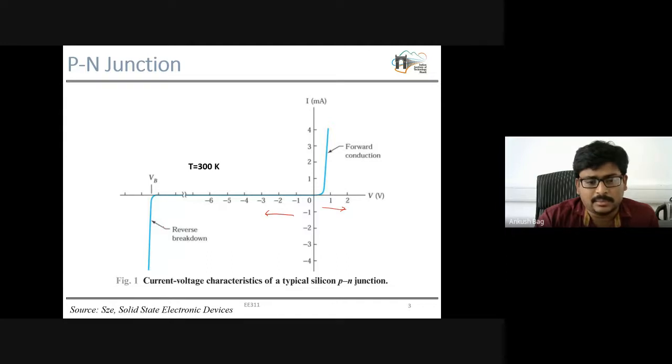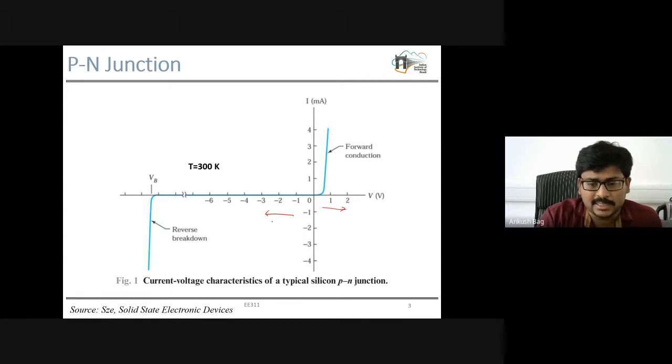That is beyond the control you can have on your device. So typically, we do not use the breakdown region anyway. There are other devices, as you know, Zener diodes, that are used in the breakdown region. Now, if you simply look at the current voltage characteristics of a diode, in one direction it will allow the current, and in another direction it will not allow the current.